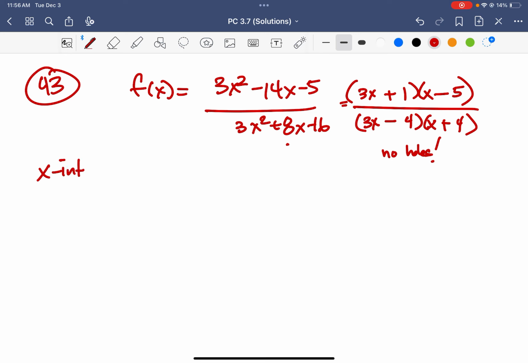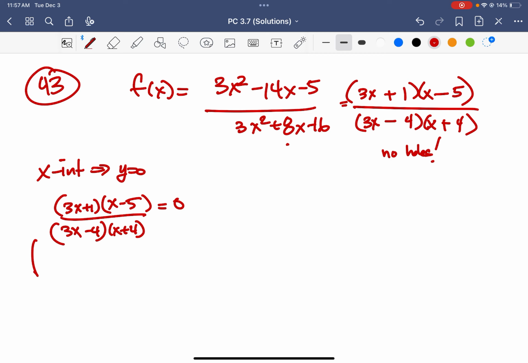So the x-intercept is where y equals 0. Well, that's only going to happen if the entire y is set equal to 0.